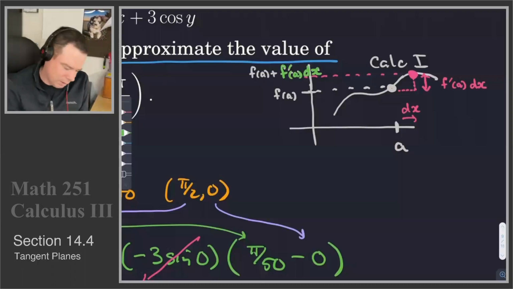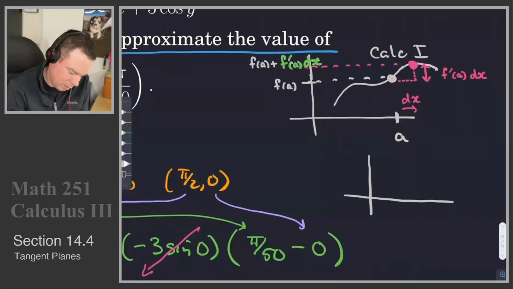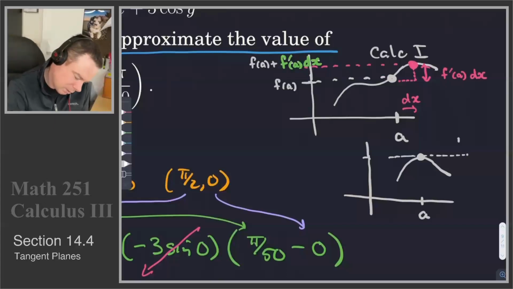But if we're in a situation, so here's the picture we're in right now, where we're staring at a point A and we construct the tangent line there. This is our tangent. And we say, what's the value of the point nearby, say at a point here.